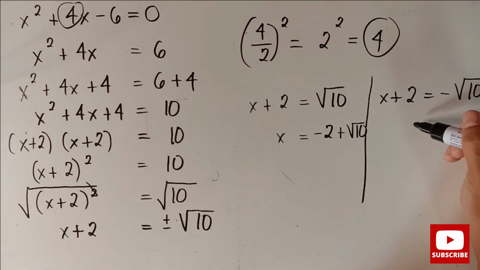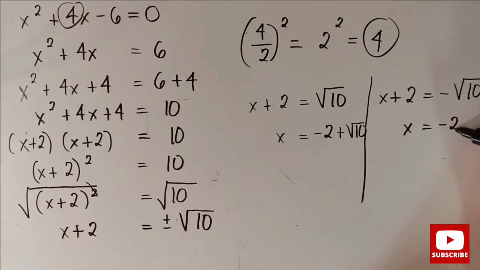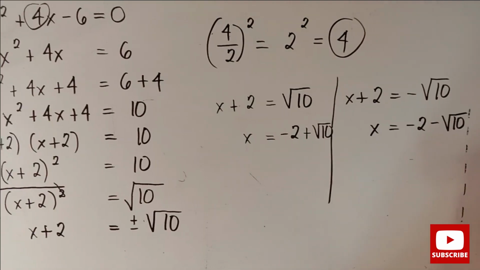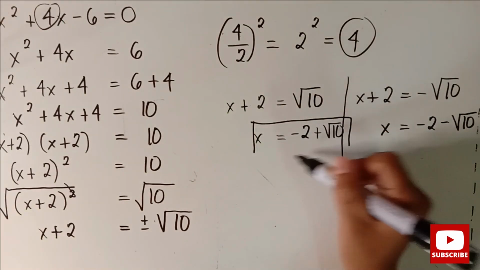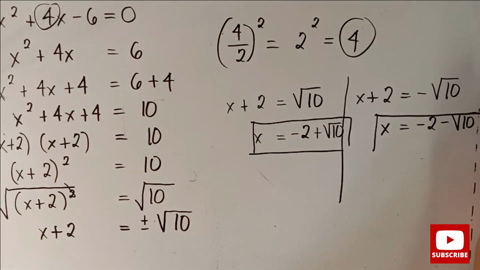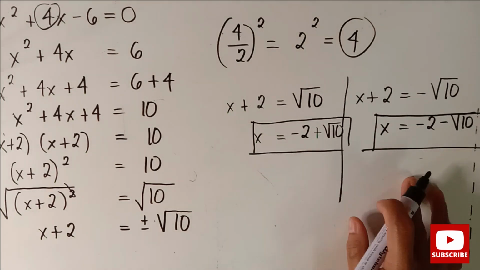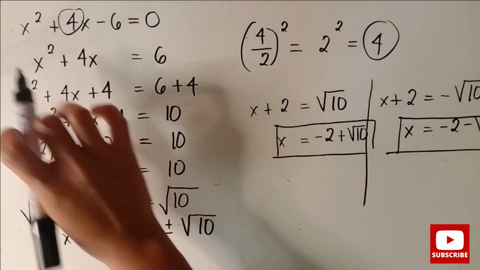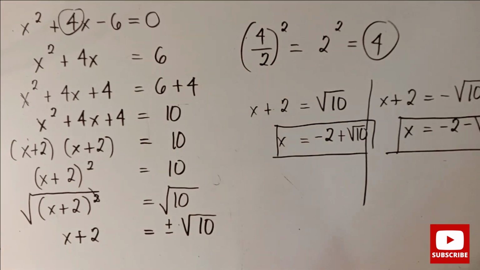For the second solution, x equals negative 2 minus square root of 10. So these are the two solutions for the equation x squared plus 4x minus 6 equals 0.